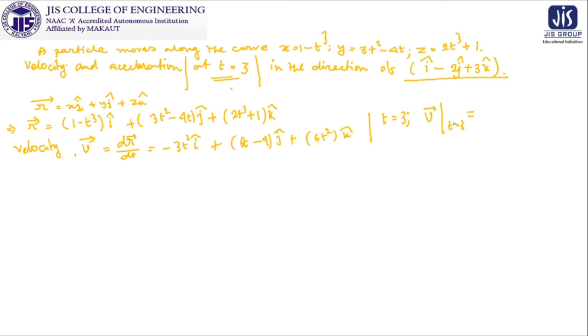And as per this requirement, we want the value at t equal to 3. If we put t equal to 3, then 3 square is 9, into 3 is 27, so it will be minus 27 i.